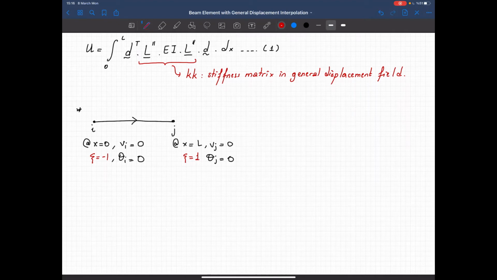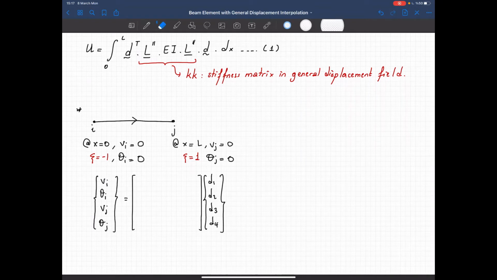So what I need to do is to find out a relationship between the nodal displacements Vi, theta i, Vj, theta j, and D1, D2, D3 and D4.